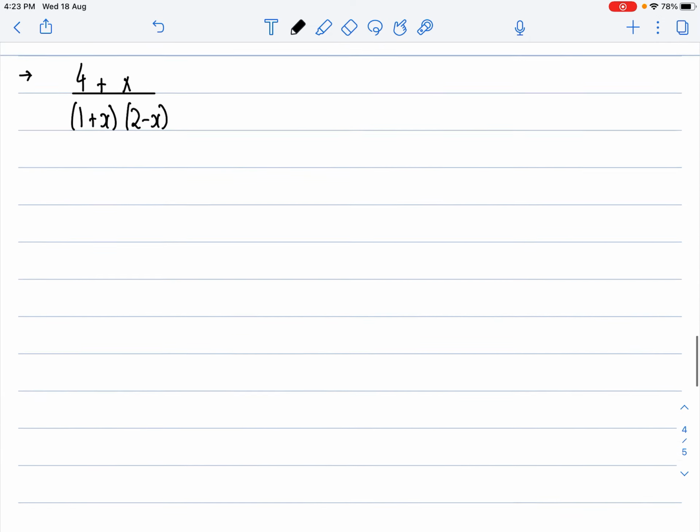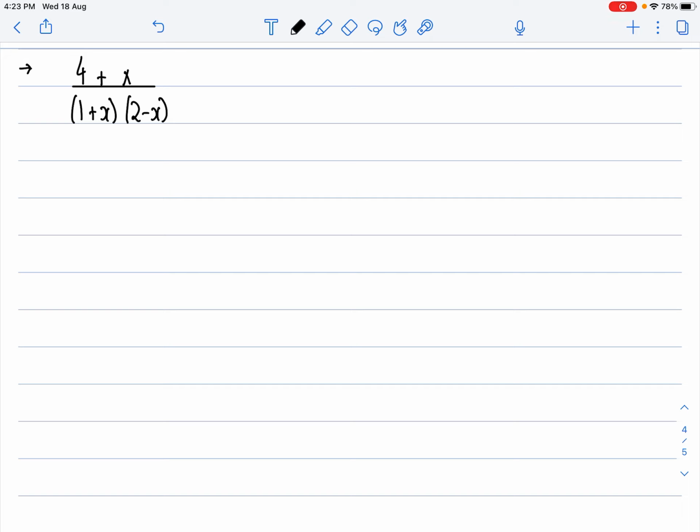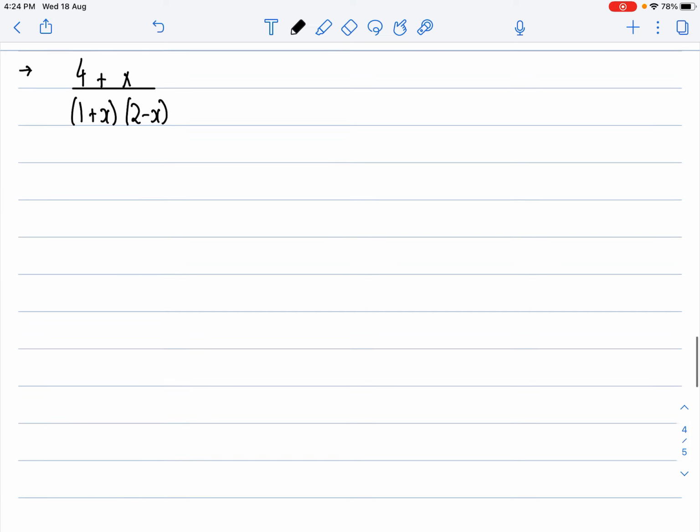Now what we'll do is we'll do another example of the same type. So first, if they have asked you to express this in the partial fraction form, the questions in this chapter are very direct. They directly ask you just to convert it into the partial fraction form. So here you first notice the form, looking at the denominator, 1 plus x into 2 minus x.